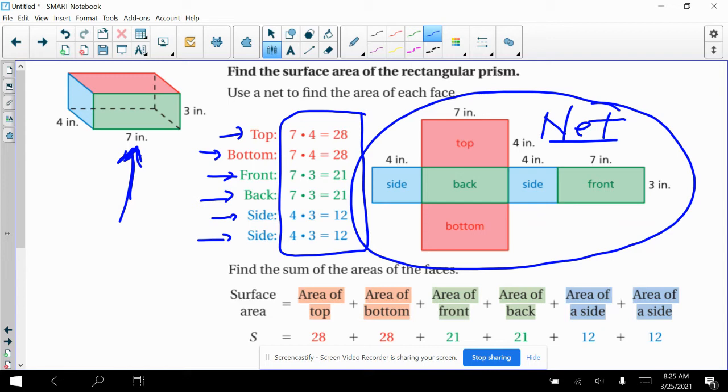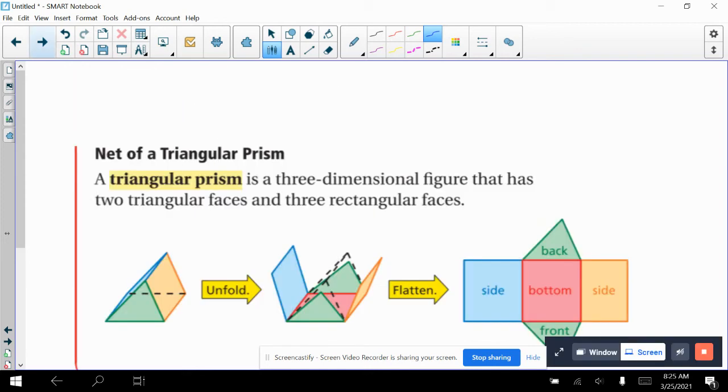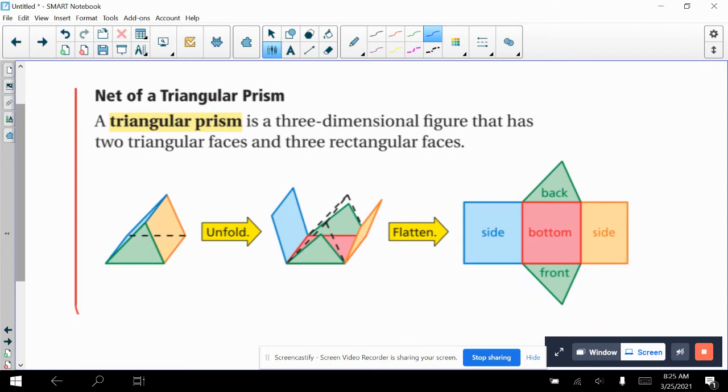Or the area of a two-dimensional figure. Everybody good with that slide? Yes? You good with the nets, right? It's just a figure that's unfolded and lays flat. Now it's a two-dimensional representation of the 3D figure. Okay. Ooh, and then it's going to get good.